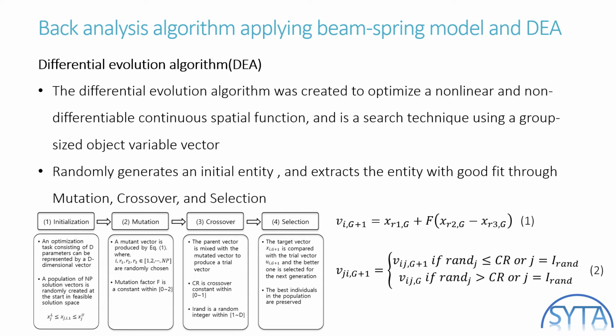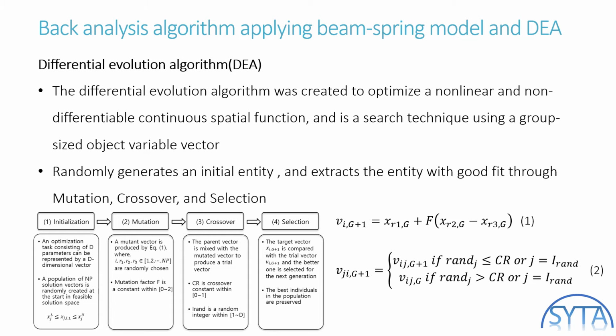For each variable vector in a population, a new generation vector is expressed in equation 1. The new vector is called the mutation vector, which is generated from 3 different vectors and is chosen randomly.